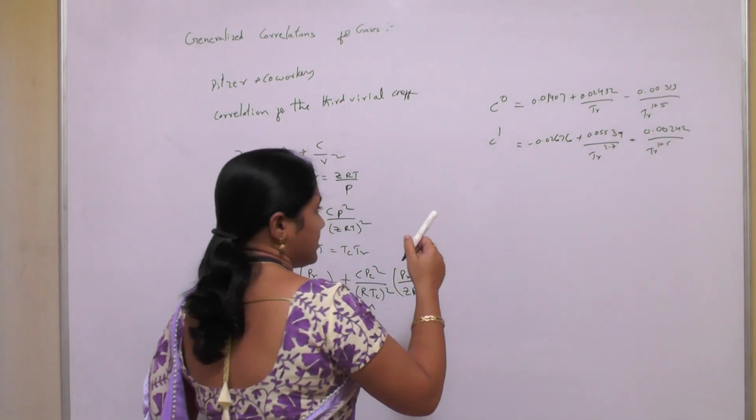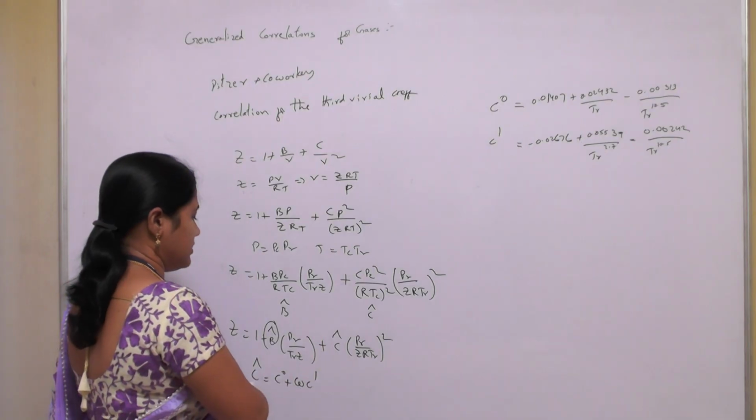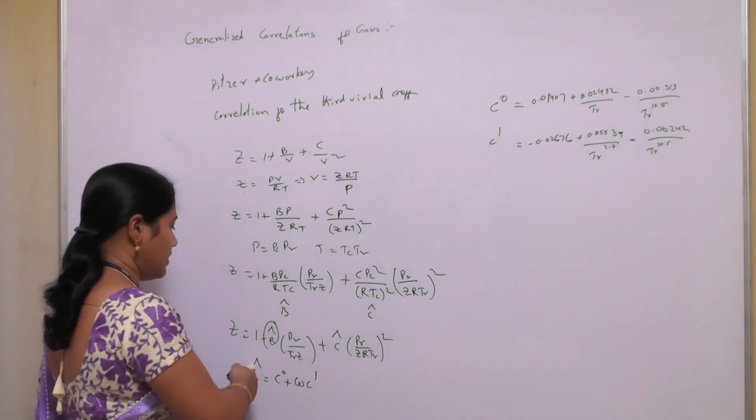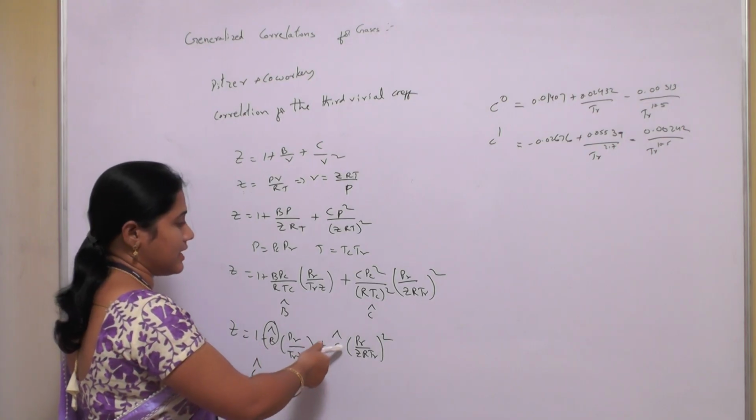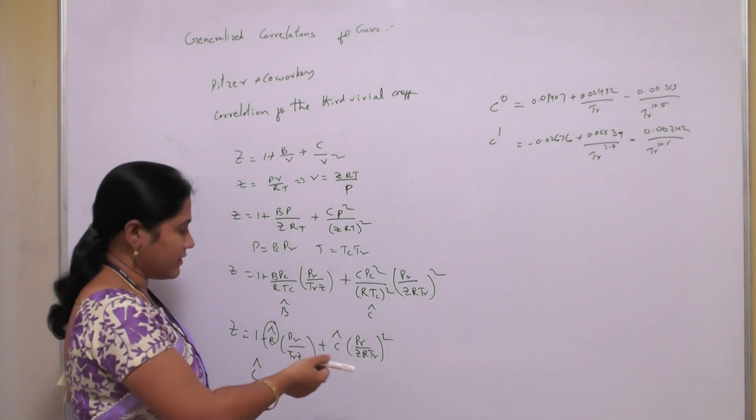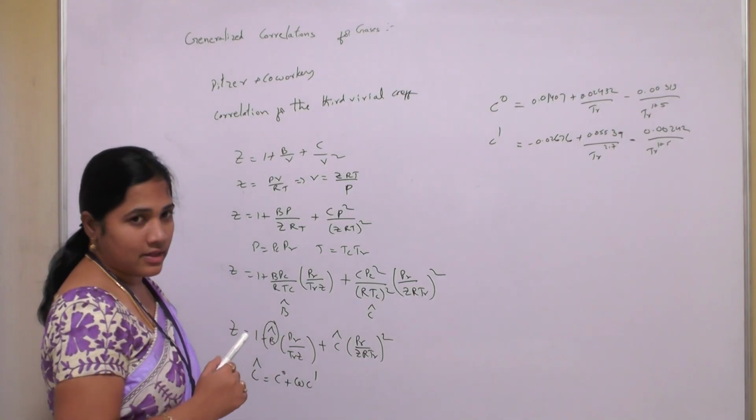With the help of C naught and C dash, you can find the C cap value, and then Z equals 1 plus B cap PR by TR Z plus C cap PR by ZTR whole square. We will get the compressibility factor.